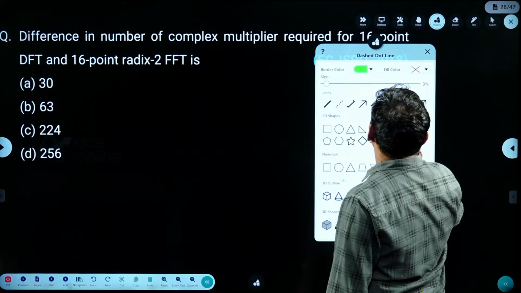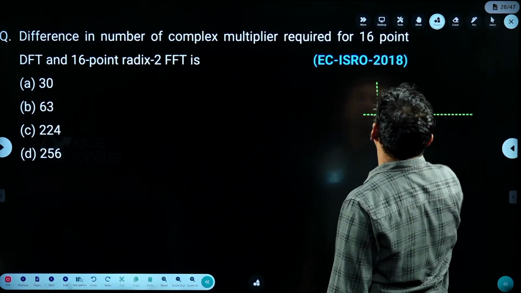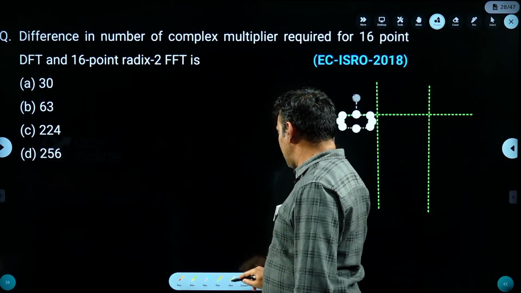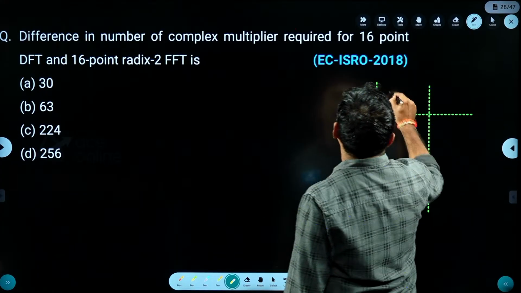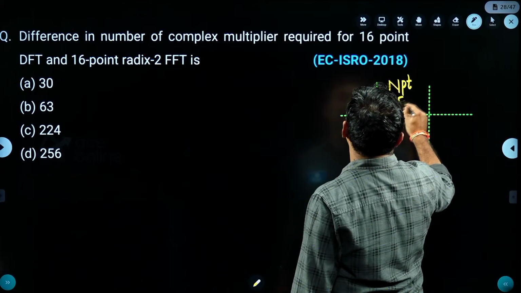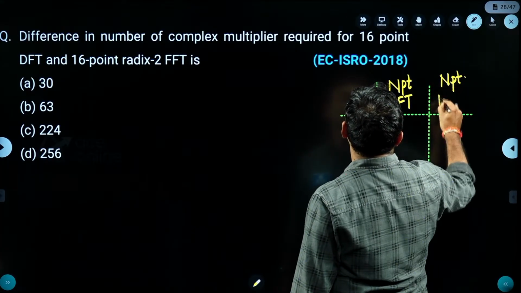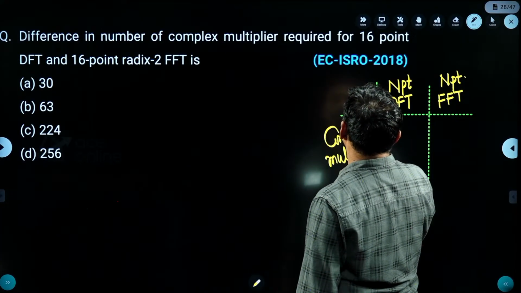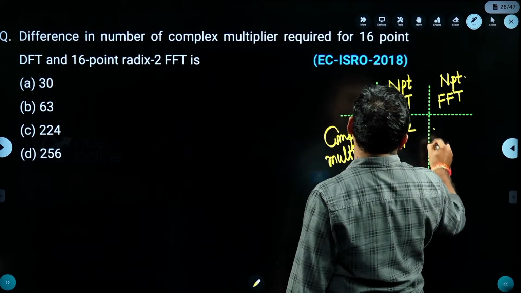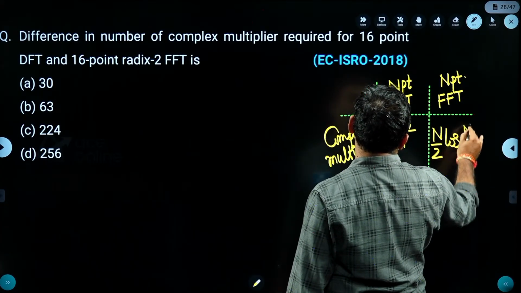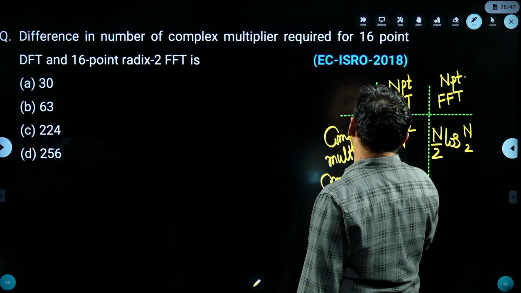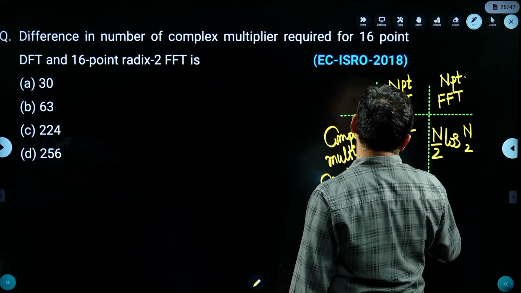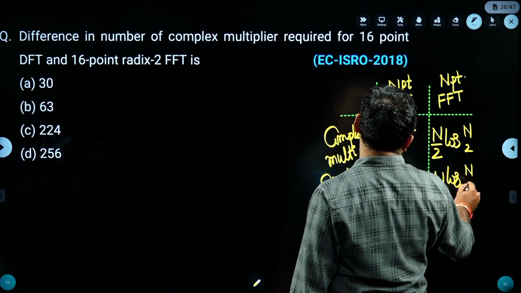So generally, if you make a comparison of N-point DFT and N-point FFT, the complex multiplications needed are N square here, and here it becomes N by 2 log N base 2 for FFT. The complex additions are N into N minus 1, and N log N base 2.